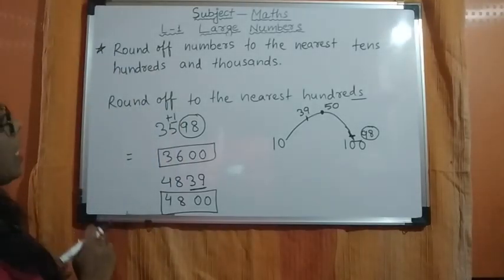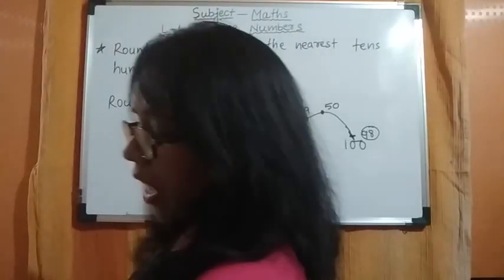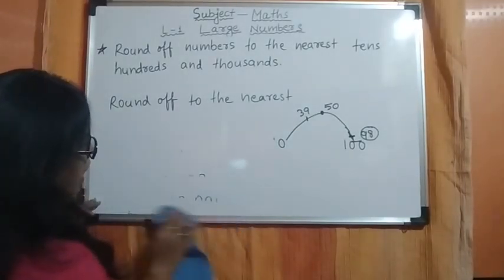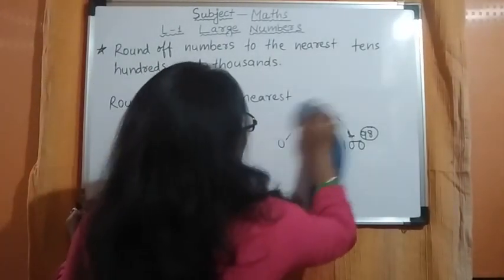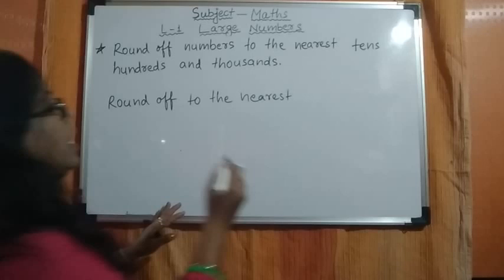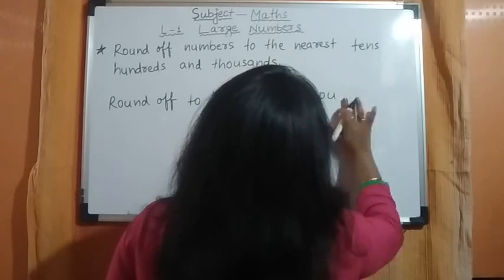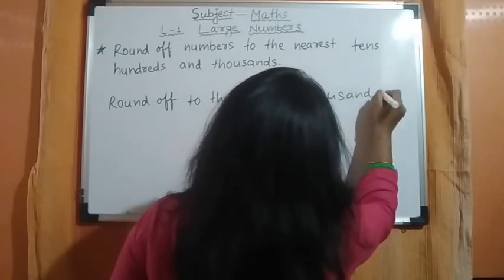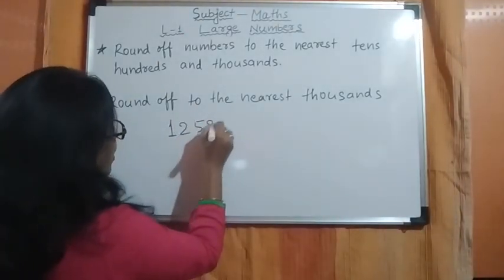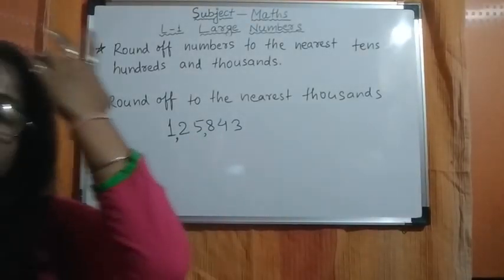Now when we check about rounding off to the nearest thousands, we will do the same method, only we have to keep in mind that the number should come between 100 and 1000. So nearest thousands, like I am taking one number, 125843. So it is 1,25,843.